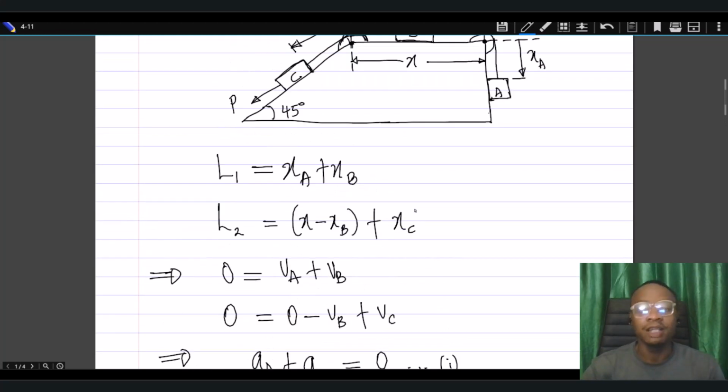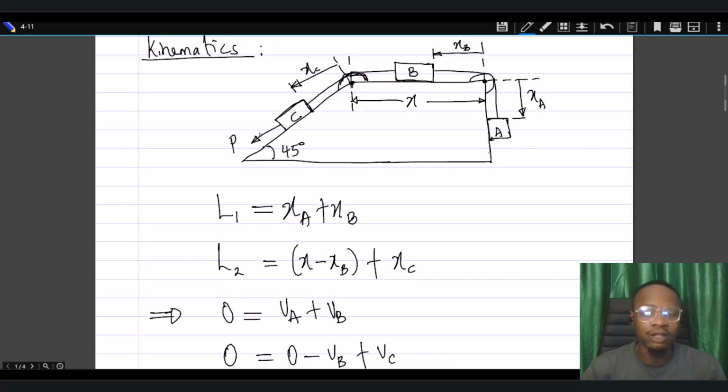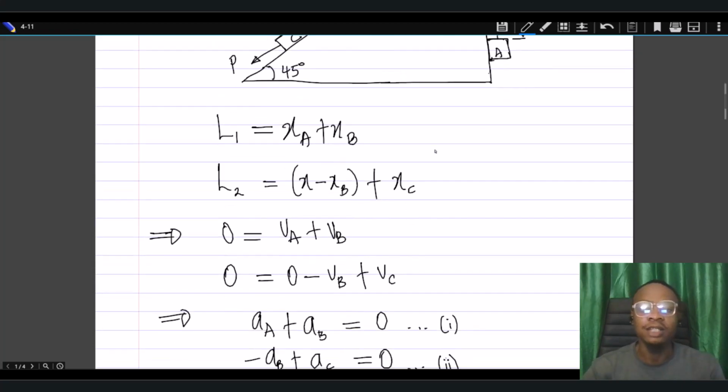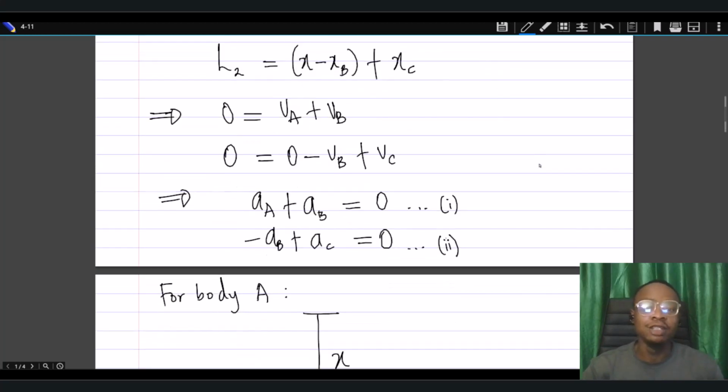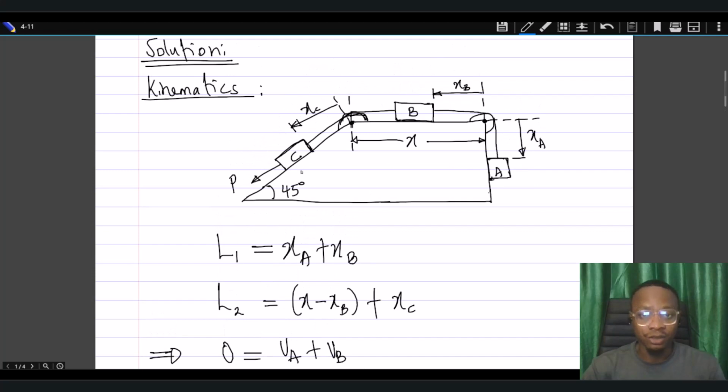You just observe that, since the bodies will move together, they will have the same acceleration. That is not precisely a correct statement, but they will have the same magnitude of acceleration is a better thing to say. And because you know this moves upward, then definitely this moves leftward and then this moves down the incline. And then you know the actual direction of the forces in the system, you know the actual direction of the frictional forces.